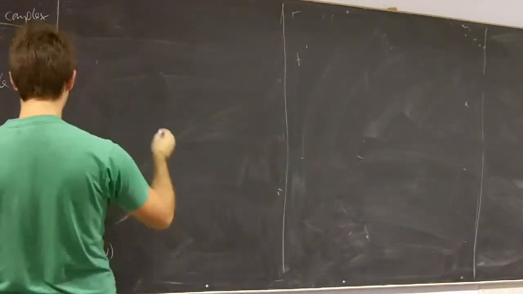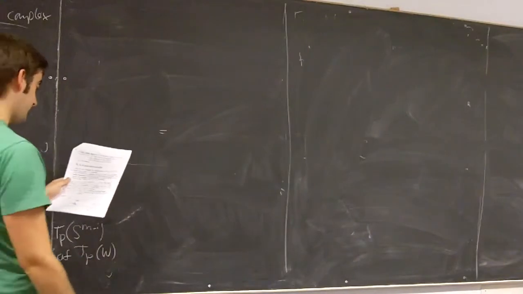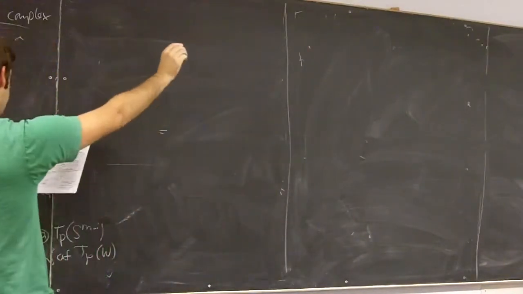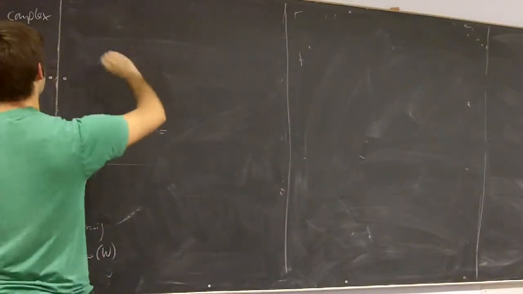And then we can take the sum of all these signs over all points in the intersection, and we call this the intersection number.